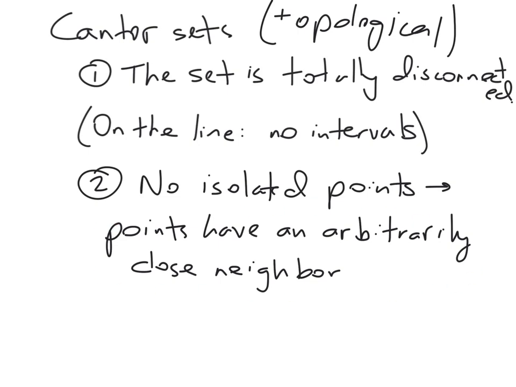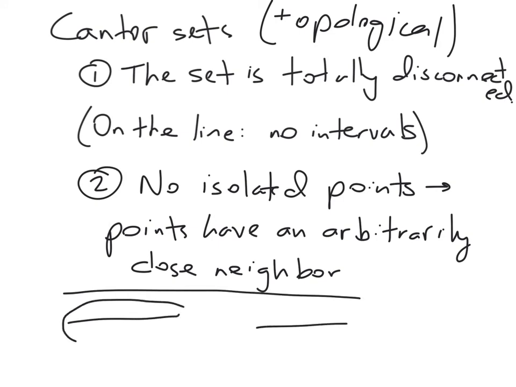If we think about the Cantor set that we started practicing with, if you're looking for a neighbor within 1/3, you know that every point that lives in this part of the Cantor set has a neighbor within 1/3. And if you're looking for a neighbor within 1/9 and your point is in this part, you know that there's a whole bunch of points that live within 1/9.